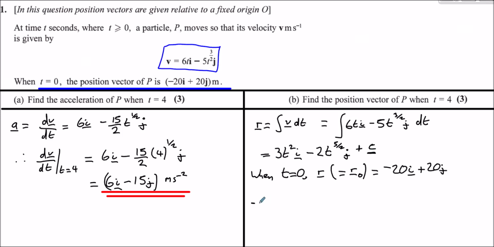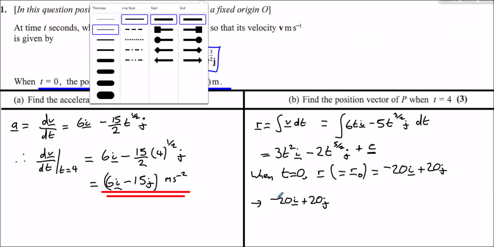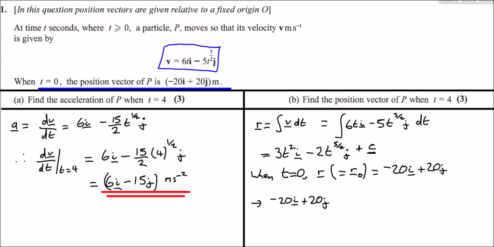When time is 0, we've got minus 20i plus 20j, in other words r0, and that must equal this expression when t is 0. So 3 times 0 squared i, the i component vanishes. Similarly with the j component, we just get left with c.